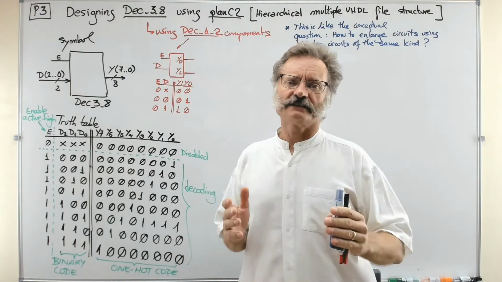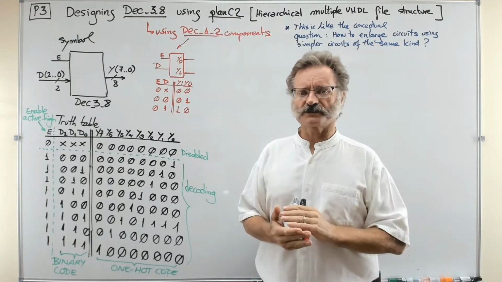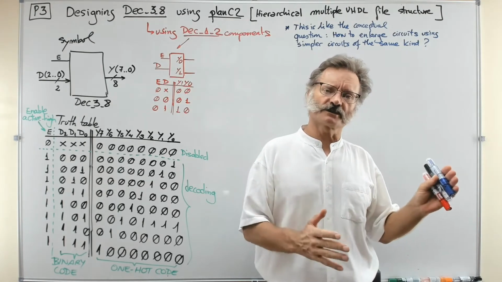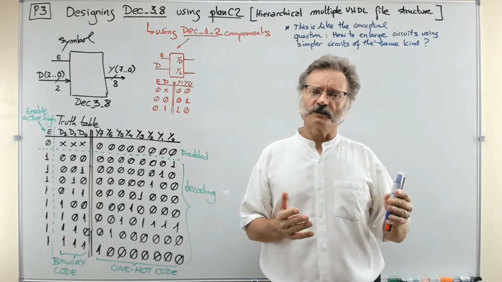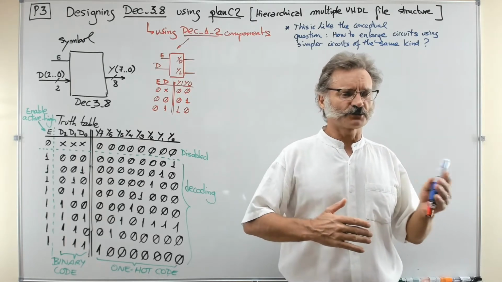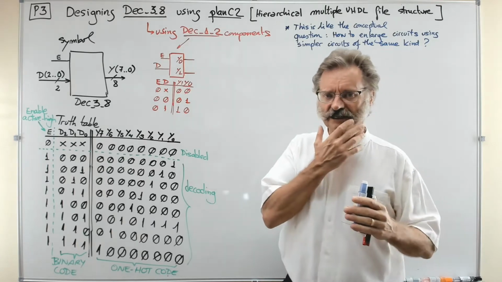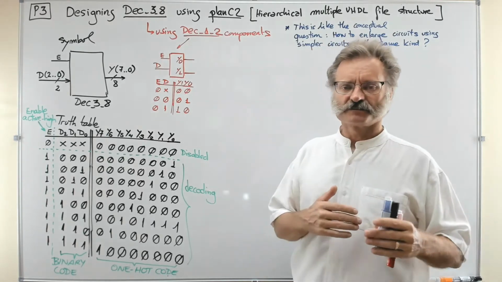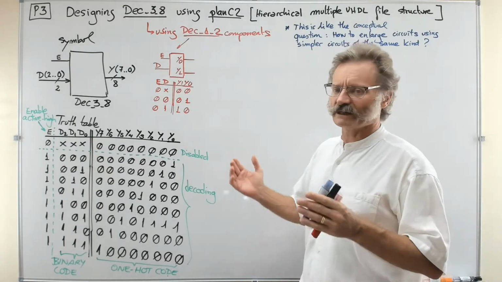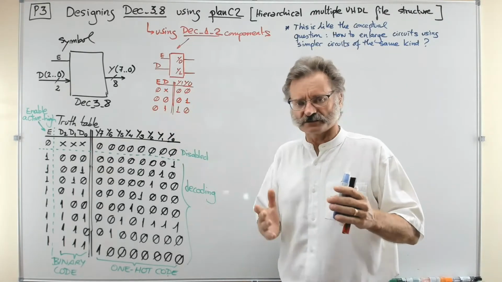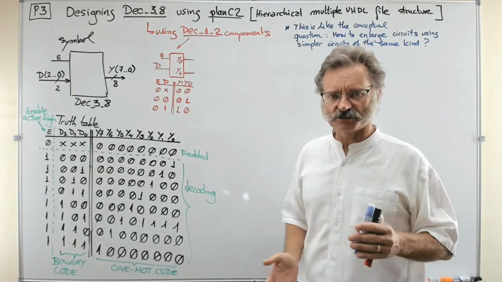We did that once for the multiplexer, designing a multiplexer of 8 channels using, for example, multiplexers of 2 channels and the like. So this time let's ask the same kind of question, because it doesn't matter, it's another standard circuit, so there has to be a way to do that.